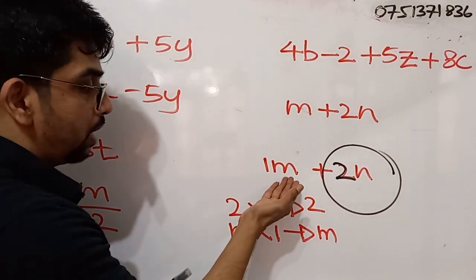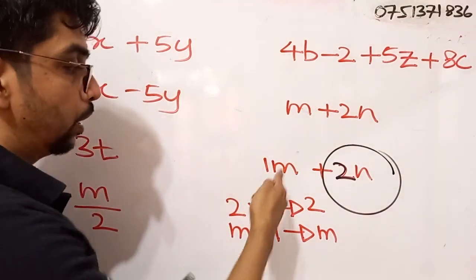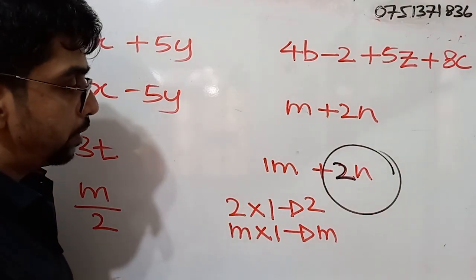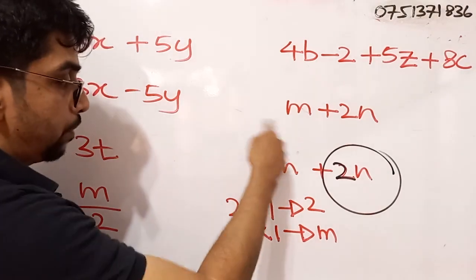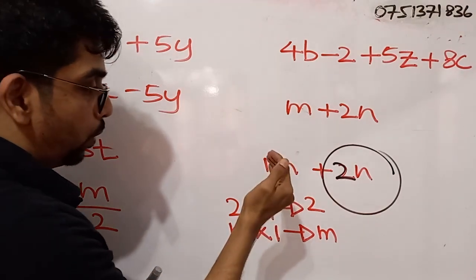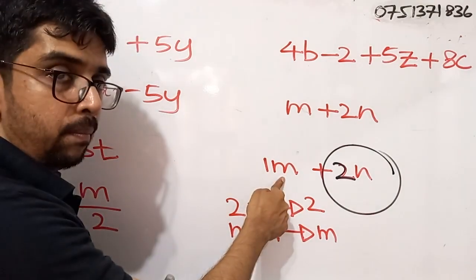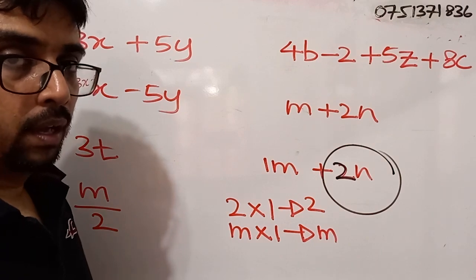So here in front of m, even though there is no number written, the coefficient is what? 1. So sometimes the students misunderstand in these kinds of situations, right? They think that since there is nothing in front of m, the coefficient is 0. So that is wrong, right?